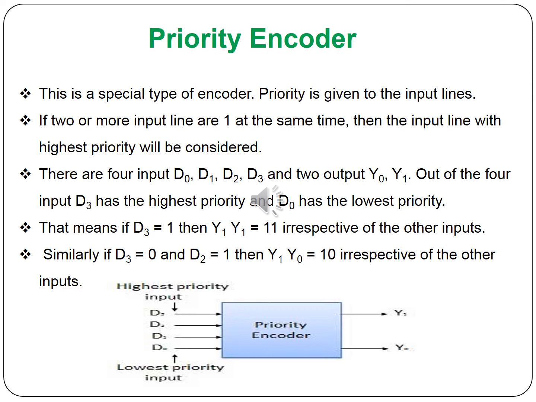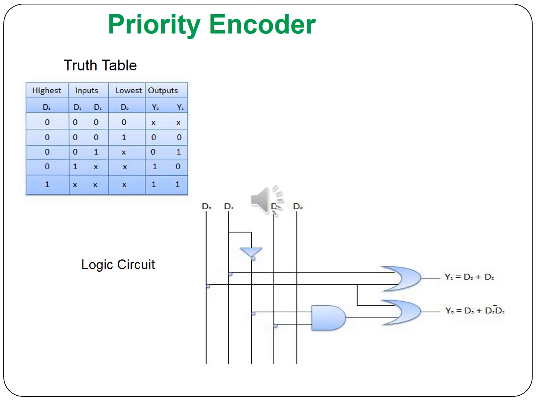Out of the 4 inputs, D3 has the highest priority and D0 has the lowest priority. That means if D3 is equal to 1, then Y1 Y0 equals 1 1 irrespective of the other inputs. Similarly, if D3 equals 0 and D2 equals 1, then Y1 Y0 equals 1 0 irrespective of the other inputs.